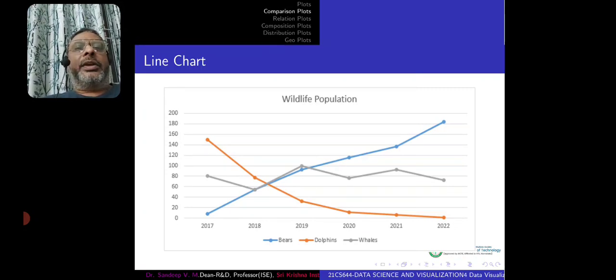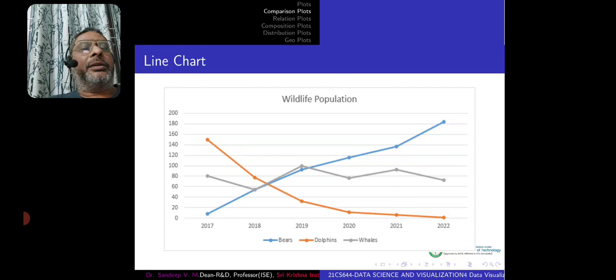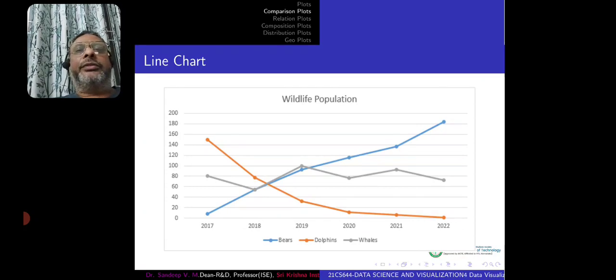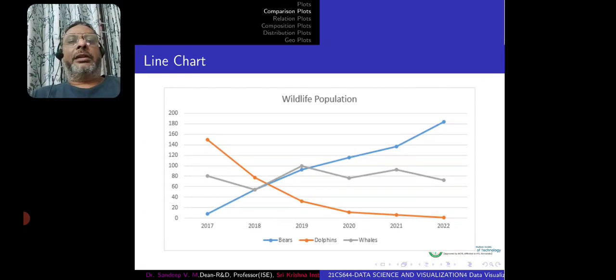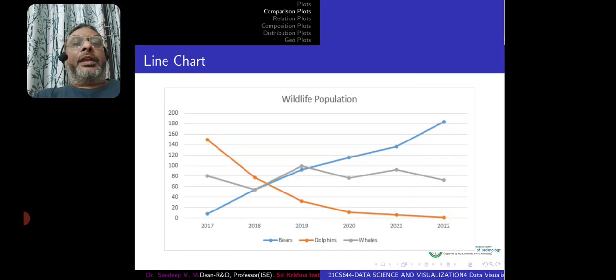Looking at what the x-axis talks about, it is 2017, 2018, 2019, 20, 21, 22. Definitely it should be talking about the year. So it's telling us, in different years, what was the number of dolphins, whales, and bears present at any given place. The y-axis is talking about some numbers.